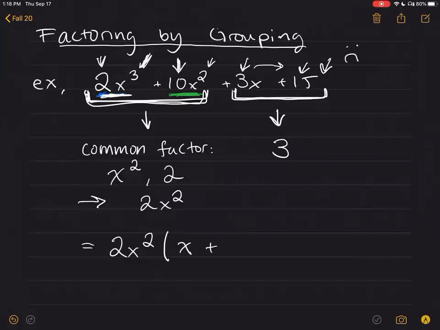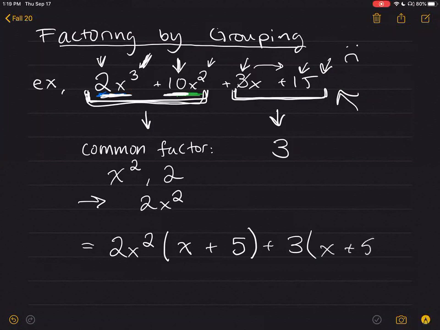Plus, if we pull out a 2x squared from this, the x squared all goes away, and we're just left with a 5. And then look at the other one over here. If we pull out the 3, this 3 goes away, so we're just left with x in the first one, and then 3 into 15 is 5.